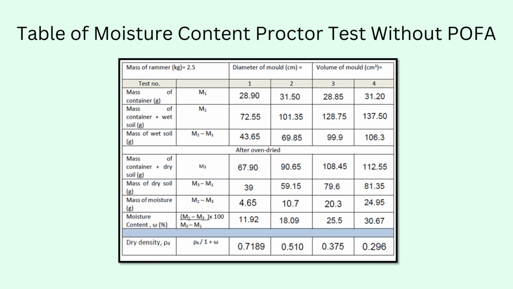The second table is the table of moisture content, Proctor test, also without POFA. We can determine the moisture content and dry density. We can determine the dry density by dividing the bulk density by 1 plus moisture content.